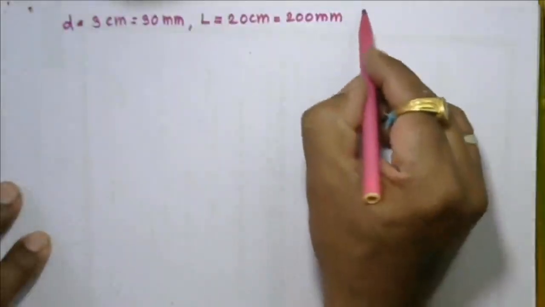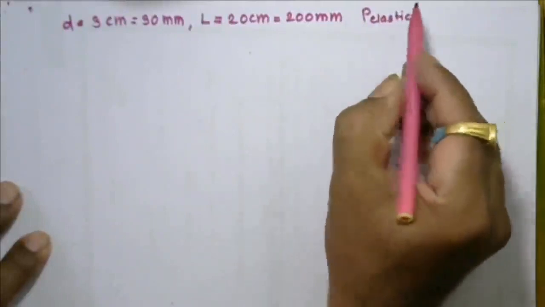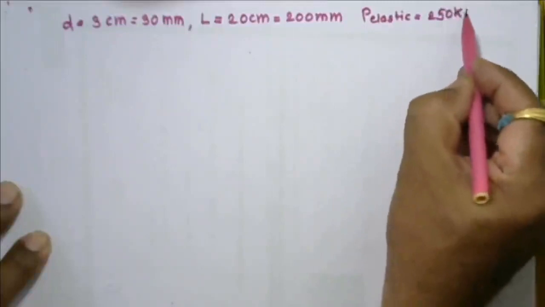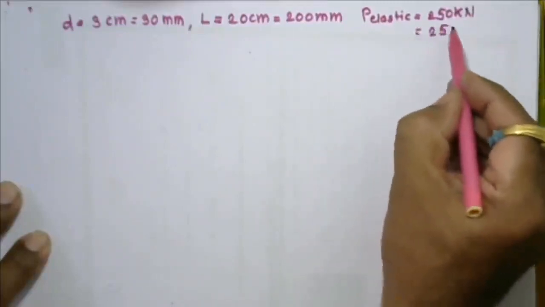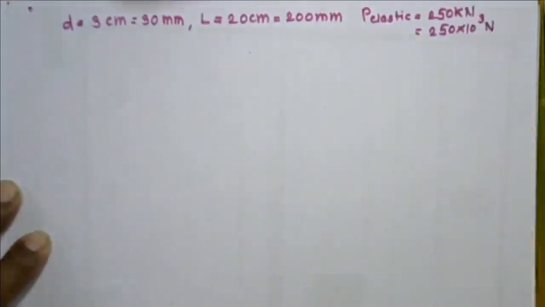Load at elastic limit is given, that is P elastic, 250 kN. So we may say 250 into 10 raised to 3 Newton.